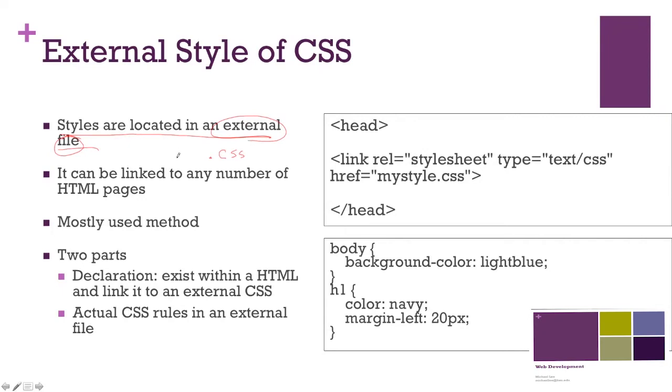So let's say in this case, my style.css, right? This is the CSS file, and it can be linked to any number of HTML files. What do we mean by this? It means if you have one CSS, it can apply to multiple HTML files.